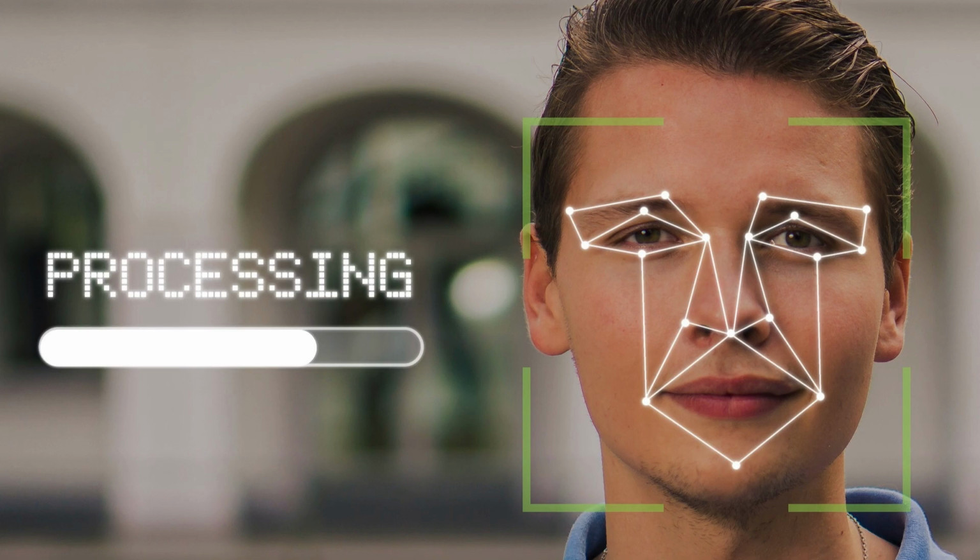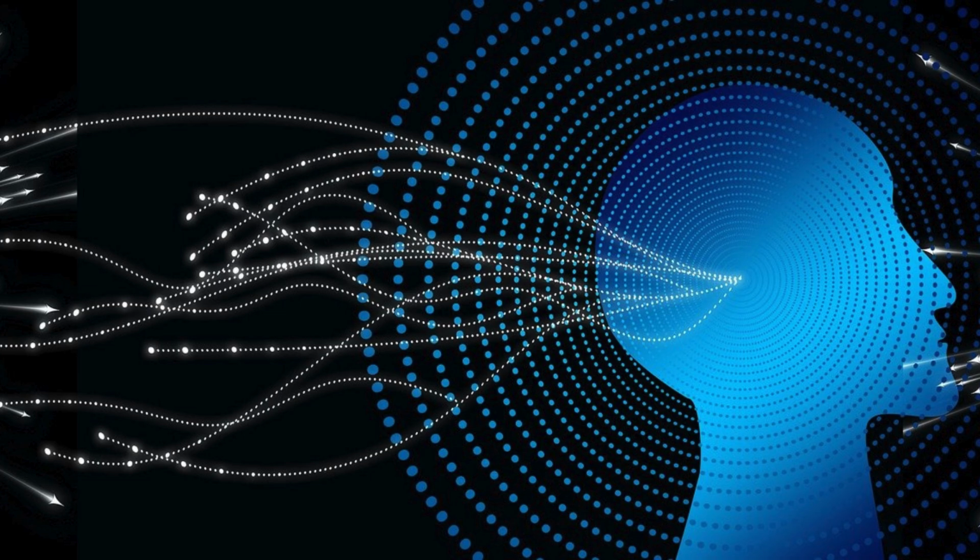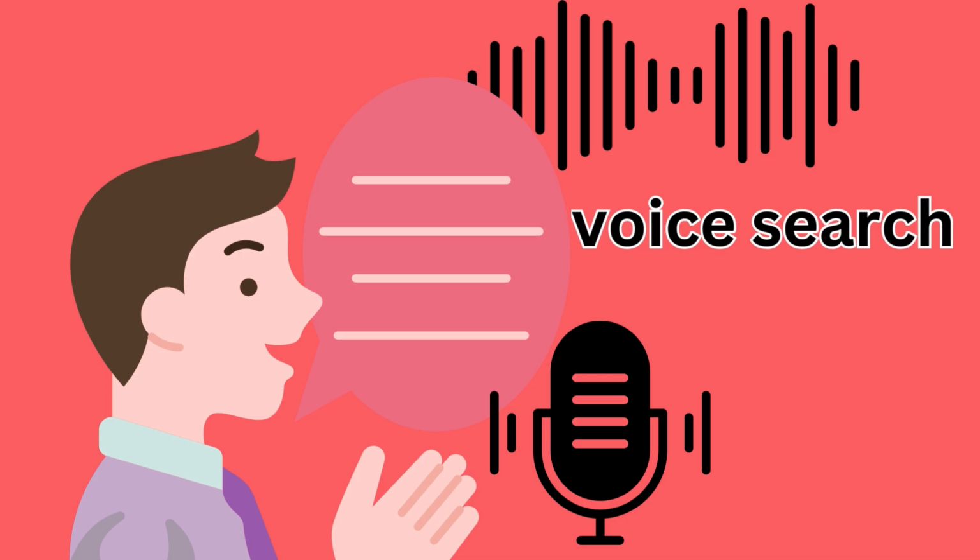Facial recognition trained on mostly light-skinned faces struggles to recognize darker-skinned individuals. The same thing I've been talking about for many years about voice search. It doesn't recognize different dialects.